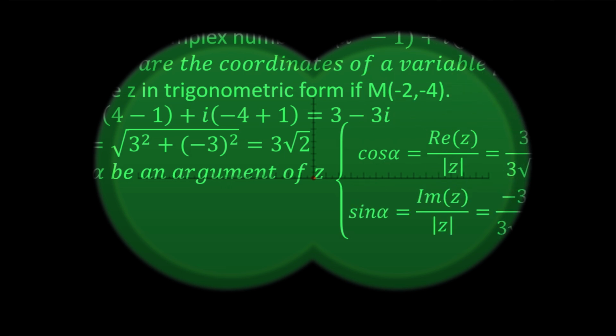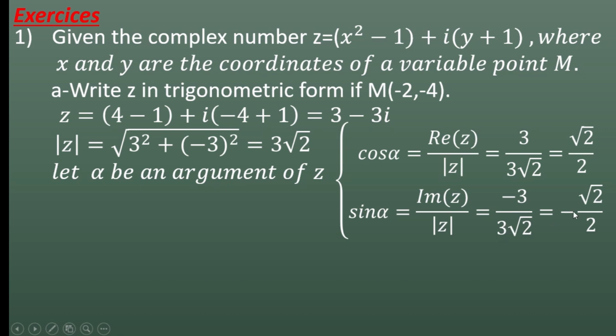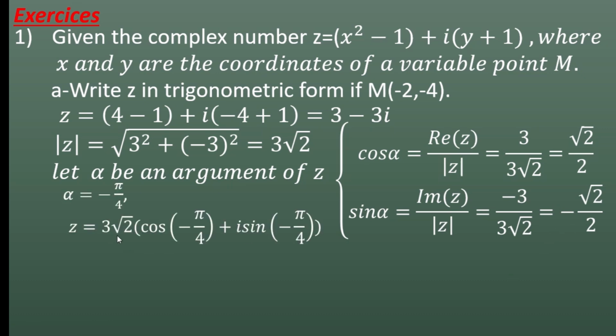Real is 3 over modulus, 3 over 3 radical 2, equals radical 2 over 2. Sine alpha, imaginary of z over modulus of z, is minus 3 over 3 radical 2, so minus radical 2 over 2. Then the angle is pi by 4. And since we have minus here, we are in the fourth quadrant, then alpha equals minus pi by 4. And z equals modulus times cosine of minus pi by 4 plus i sine of minus pi by 4, with modulus 3 radical 2.